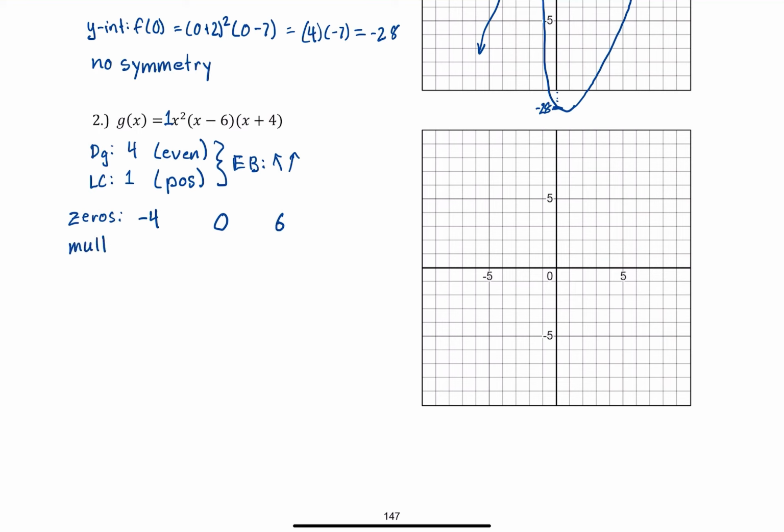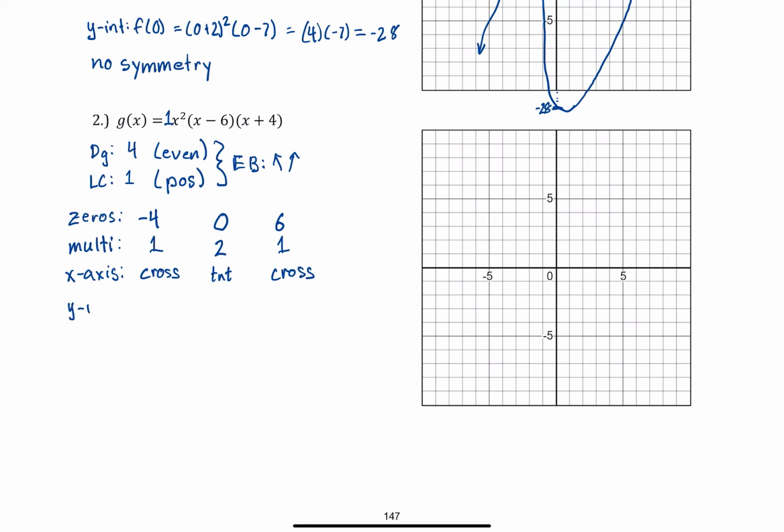To find the multiplicities of each of these, look at the numbers on the exponent. Excuse me, I misspoke there. Both negative 4 and positive 6 have a multiplicity of 1, and 0 has a multiplicity of 2. Because of the even and oddness of the multiplicity, we can say it crosses at negative 4, it touches and turns at 0, and it crosses at positive 6.